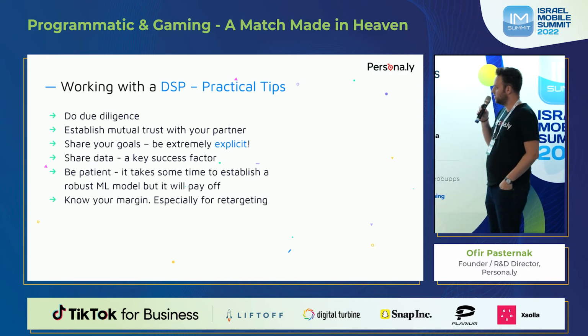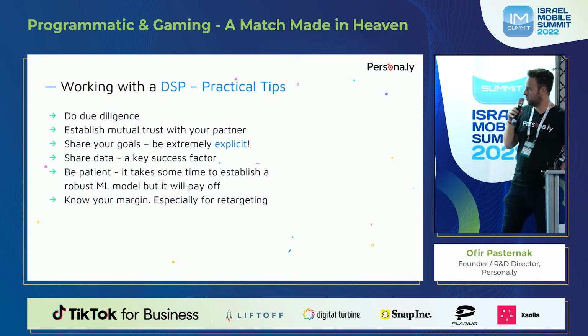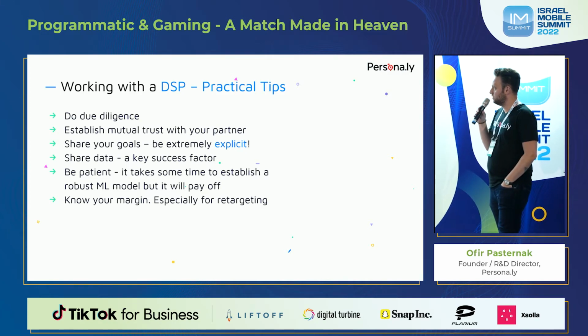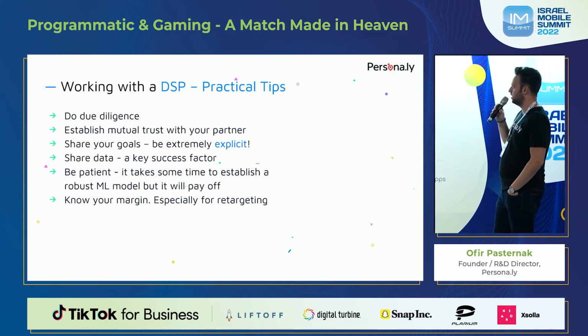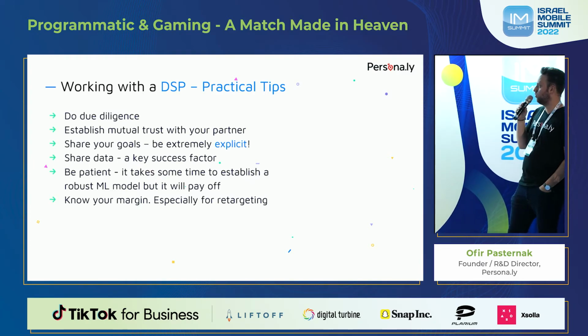About goals and KPIs, you need to be very explicit and very clear about your KPIs and how the revenue is coming. If it's IAP, IAA, or a mix of them, what's the percentage, what's the ratio between them.